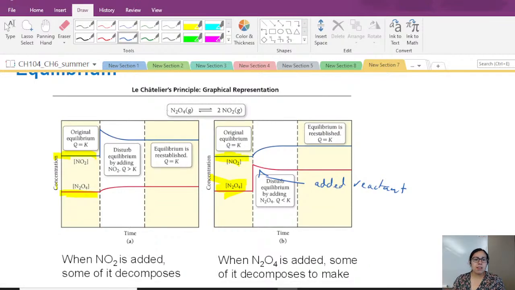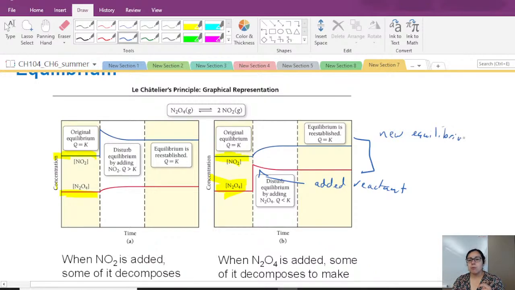You dumped a bunch of excess reactant in, so now it's going to favor more product generation. We see that in our little graph. We disturbed our equilibrium, so now we have to make more NO2 to account for that. And notice your new equilibrium is then reestablished.